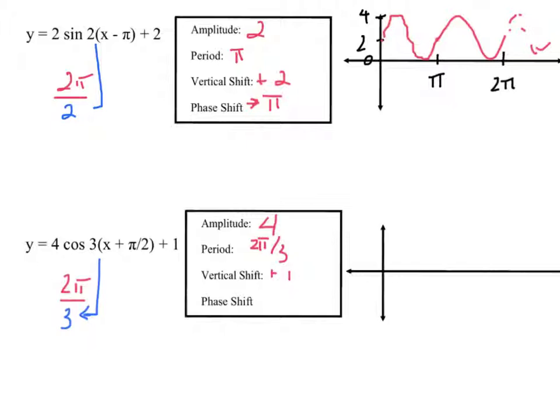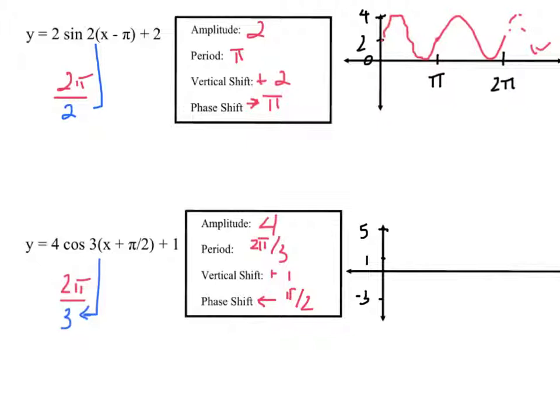The phase shift, since we're adding pi over 2, it's going to be to the left pi over 2. So let's put in everything here. We're up 1 unit. Got an amplitude of 4, so it's going to go up to 5, down to -3.